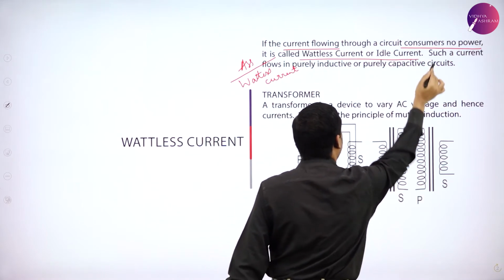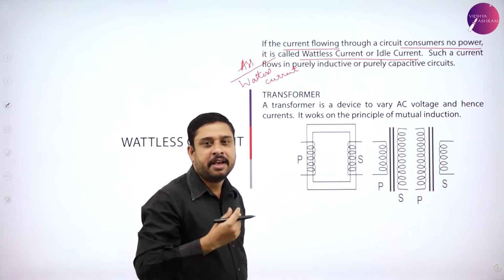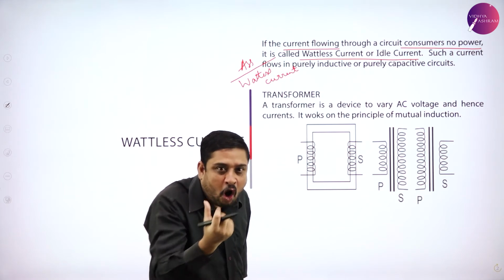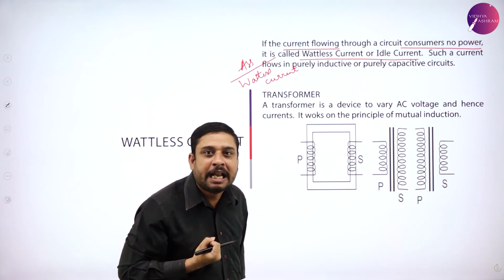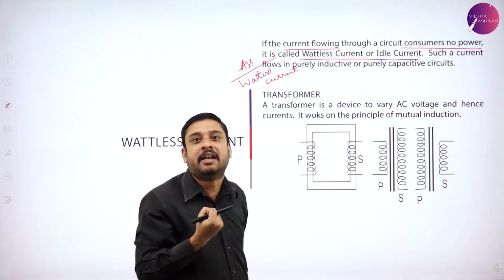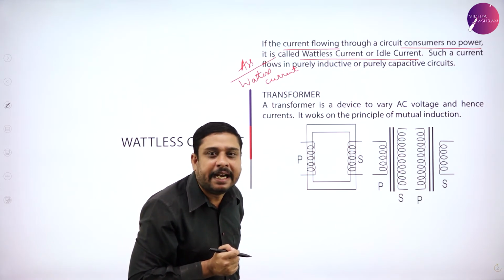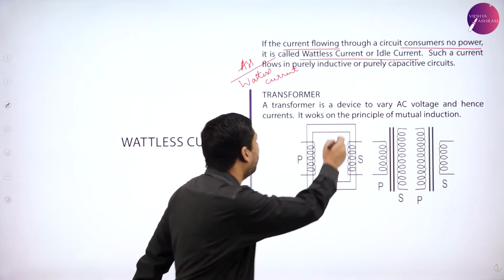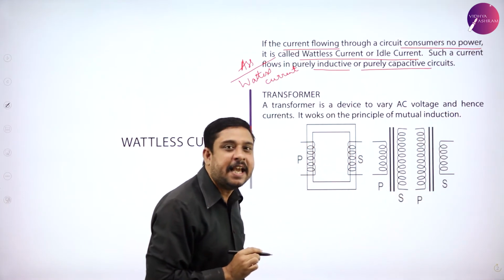That is what we call wattless or idle current. If the current flowing through a circuit doesn't absorb or dissipate power, we call it wattless or idle current. In which AC circuits is it possible? It has to be in inductive or capacitive circuits.